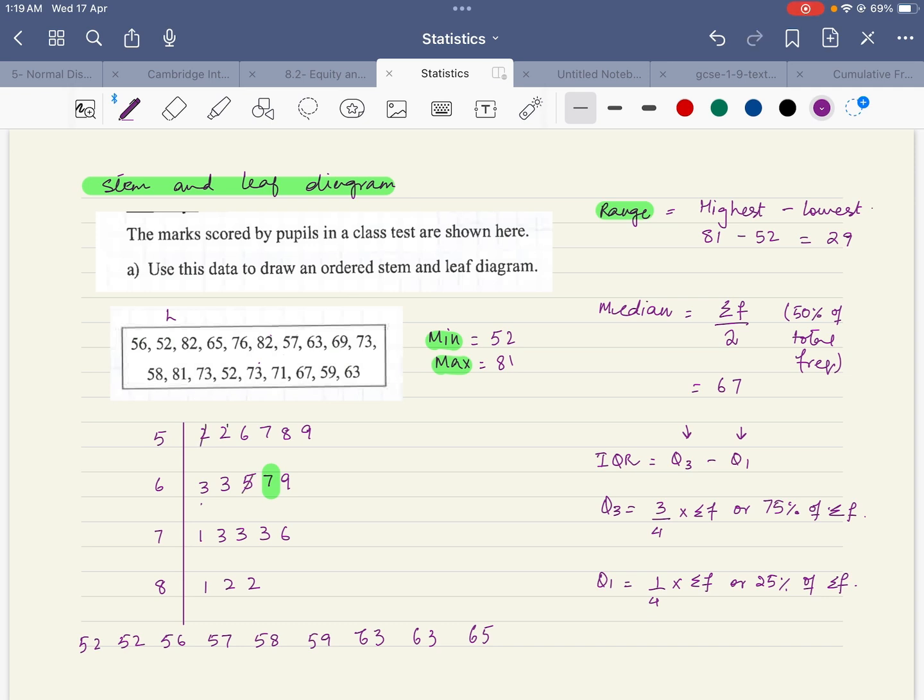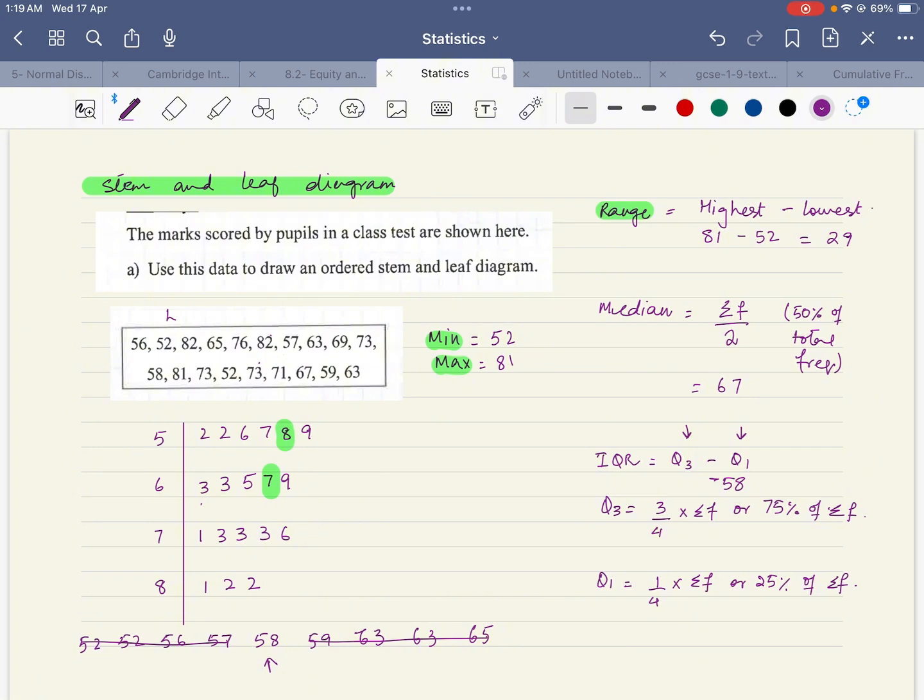One from here, one from here, and so on, one from each side. The middle of this data is 58, right? Let's see if we get 58 here as well. 4 values cancel from here, 4 values cancel from here. 58 is Q1 in this one.